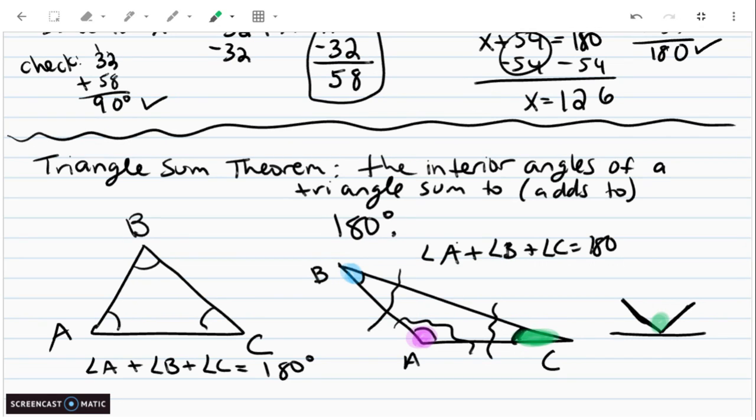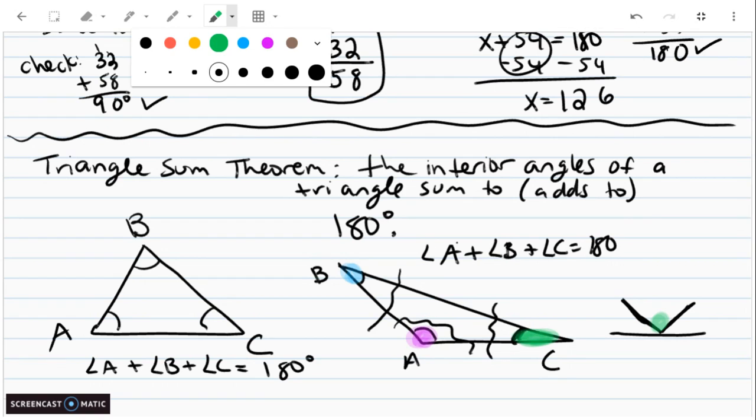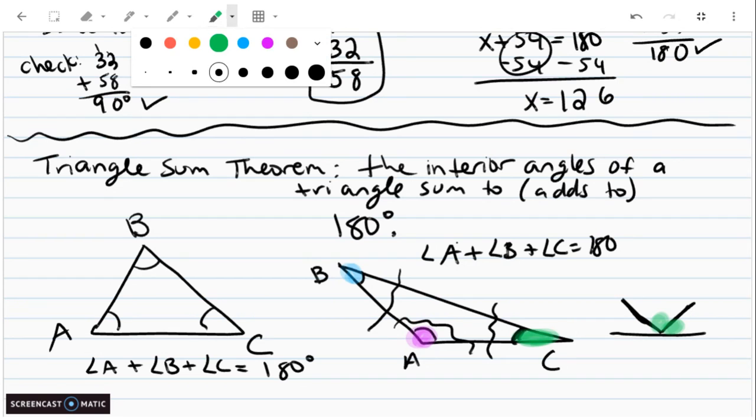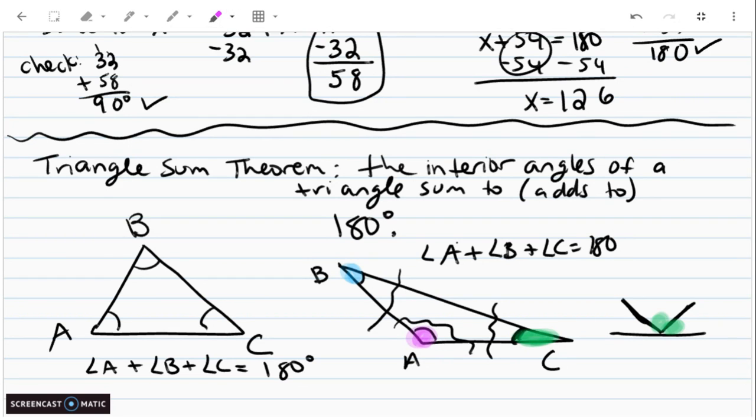Well, the green was just a C. So we'll have C, B over here, green, before I get rid of that. And then change this to purple. Here's purple, the middle part.